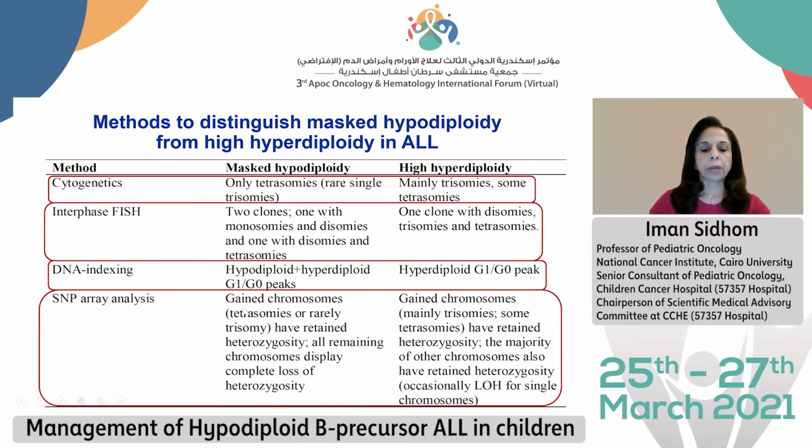By SNP array analysis, the masked near haploid cases are distinguished by having loss of heterozygosity involving all chromosomes that are not gained, whereas the high hyperdiploidy cases mostly will display the retained heterozygosity in all chromosomes.